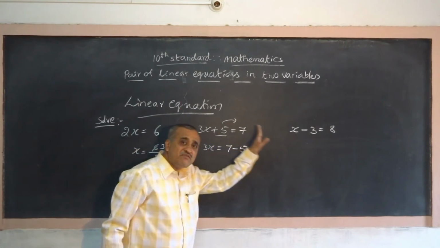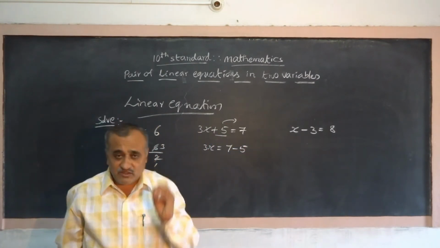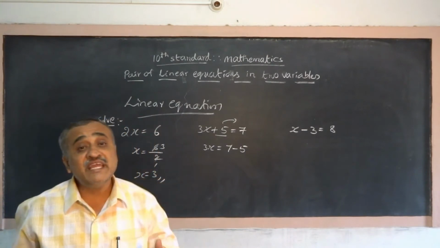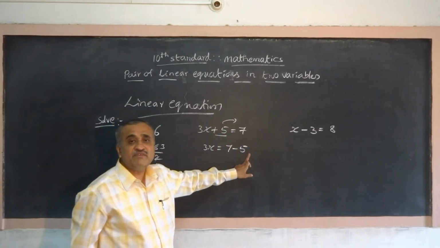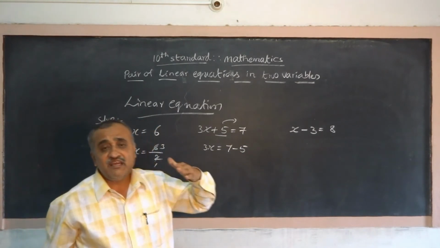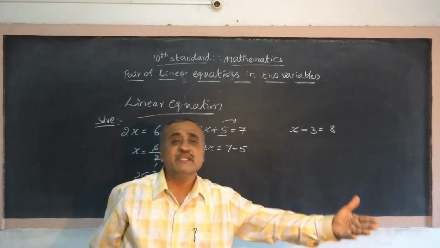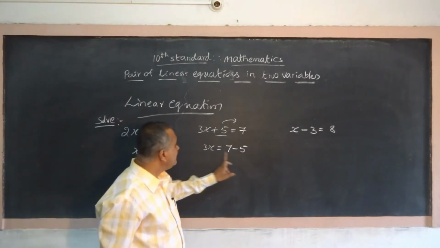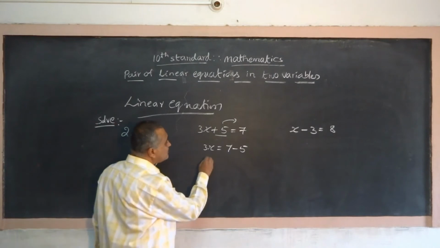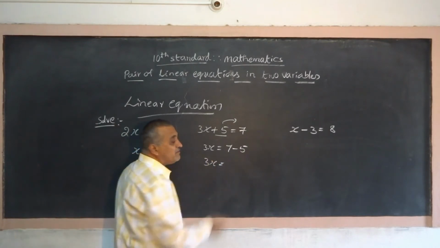When you transfer it, the sign changes. Plus 5, when sent to the other side, becomes minus 5. Transfer means sending from the left hand side to the right hand side or from the right hand side to the left hand side. 3x equals 7 minus 5. So 3x equals, what is 7 minus 5?